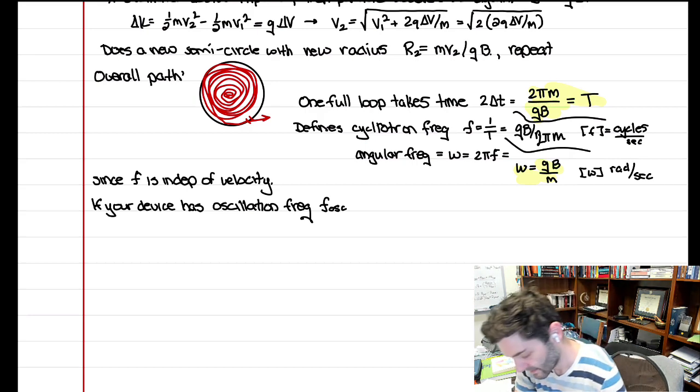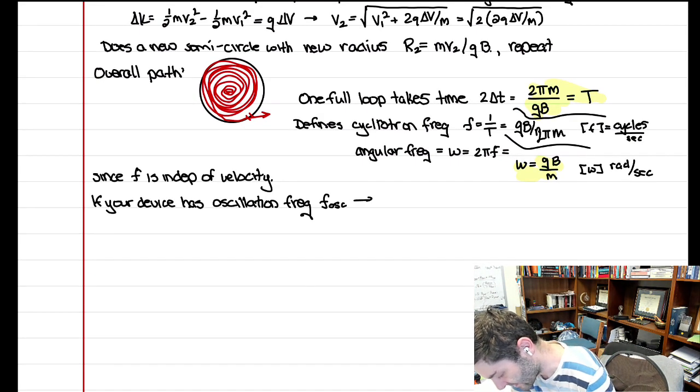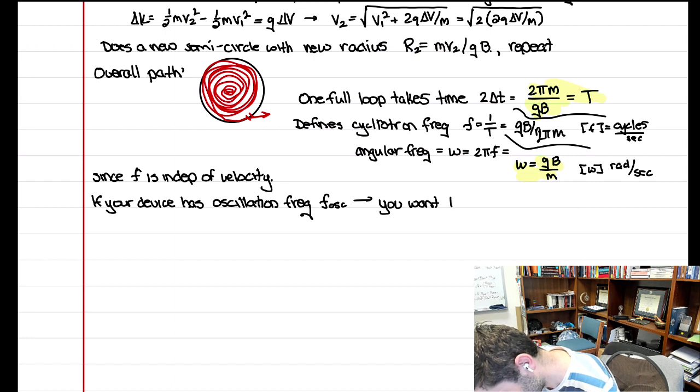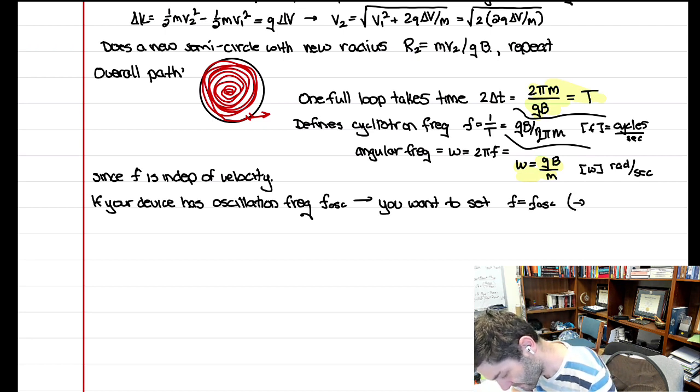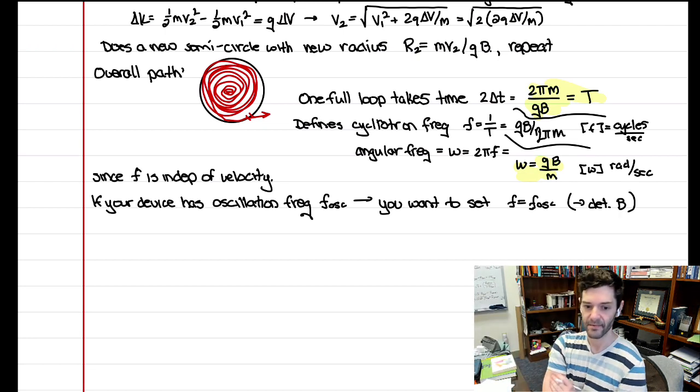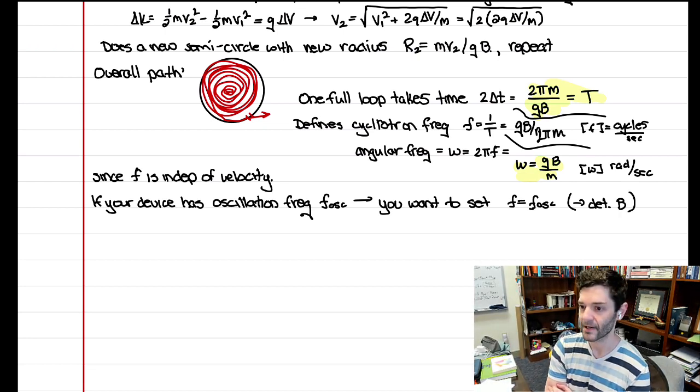But then the requirement is that for the cyclotron to work, you want to set f equal to this oscillation frequency. Then that essentially is a way where you can determine the strength of the magnetic field that you need in order to accomplish that.